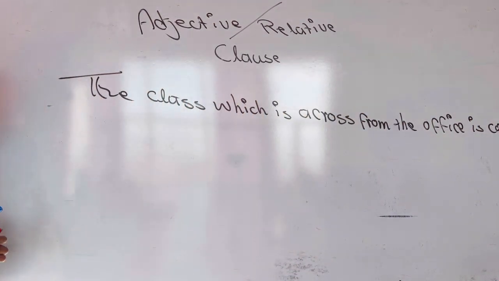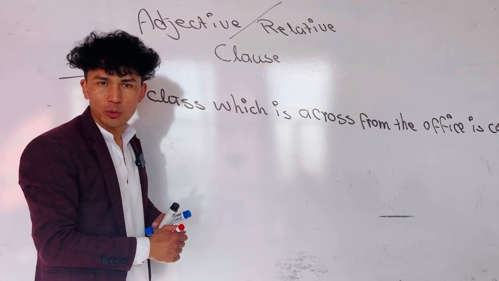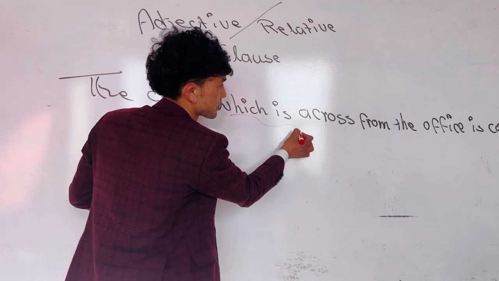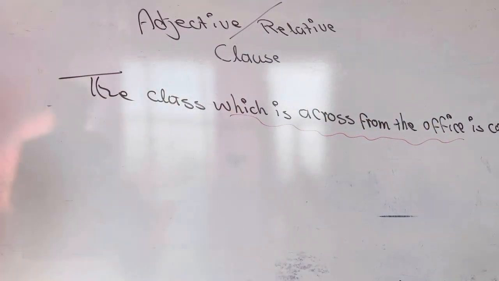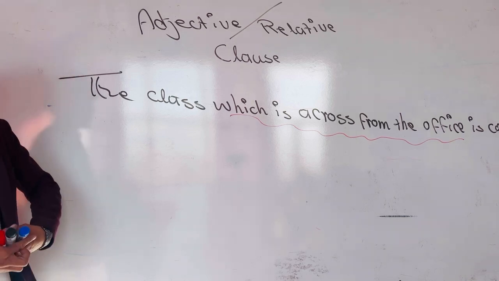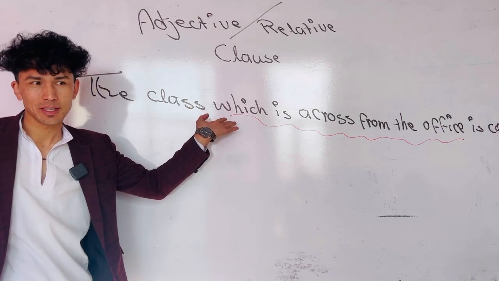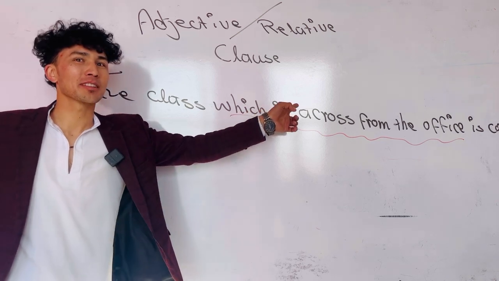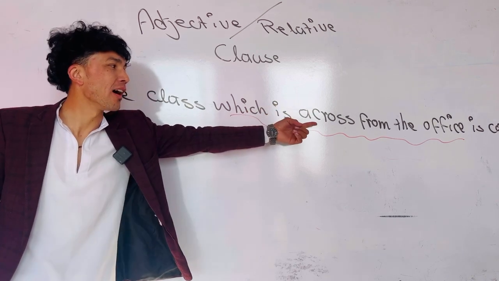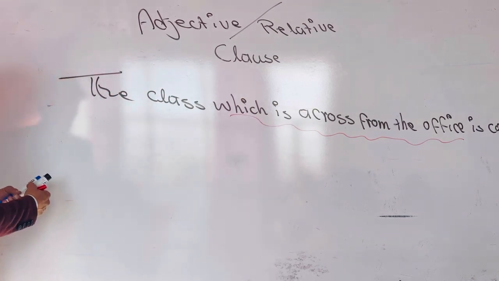Now look at this part. The class which is across from the office is cold. Which part do you think is the adjective clause? Which is across from the office. How do you know this? Because of the relative pronoun. As the subject, which is across from the office is called. Next one.